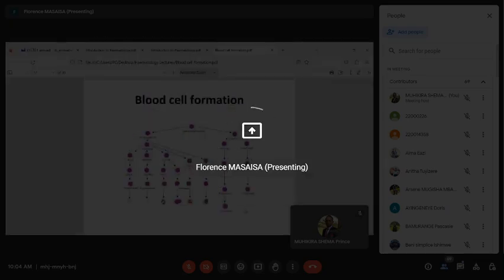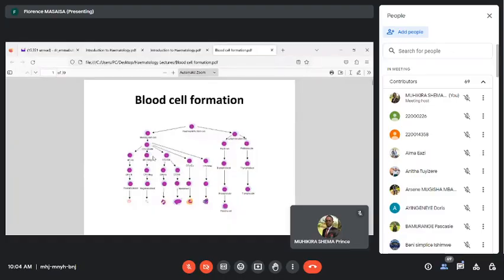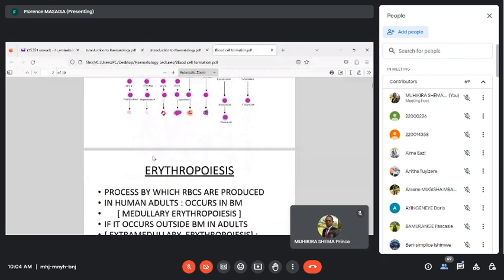Yes, just to recapitulate, now we are going to erythropoiesis. By erythropoiesis, you should understand that it is the process of producing red blood cells.